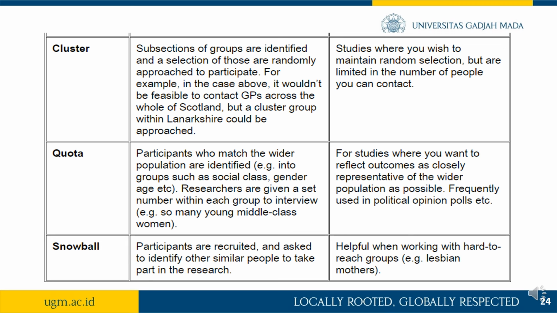Snowball sampling is where participants are recruited and asked to identify other similar persons to take part in the research. We ask people, when we have one person, what else? Do you have any friends I can contact for another target respondent?